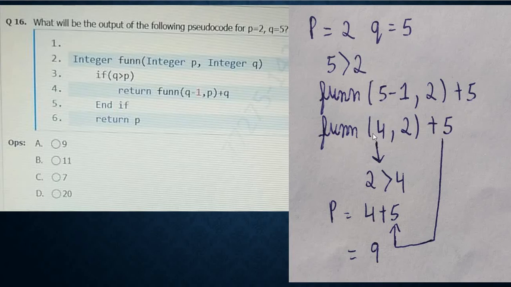So for the next time, the value of P will be 4 and the value of Q will be 2. Again it will check whether Q, which is 2, is greater than P, which is 4, which is false, so it will return P, which is 4, plus 5, which is 9, which is option A.